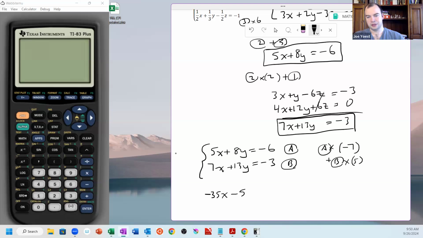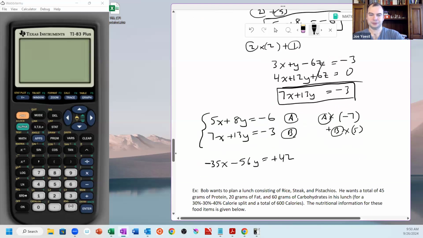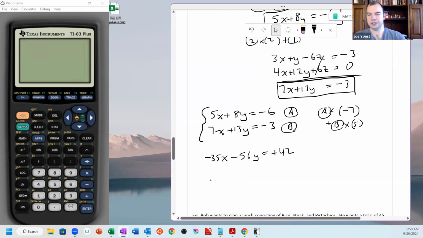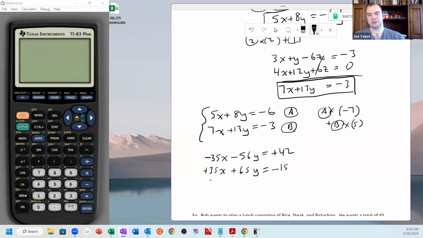So A multiplied by -7 gives -35x minus 56y equals +42. And equation B multiplied by 5 is plus 35x plus, what is that, 50 plus 15, 65y equals -15.